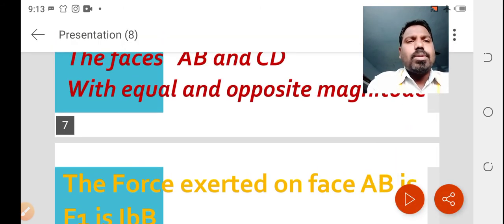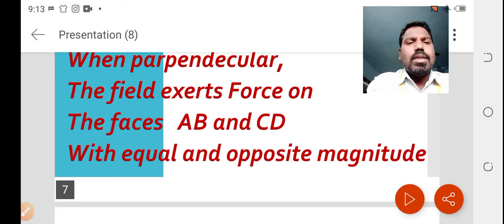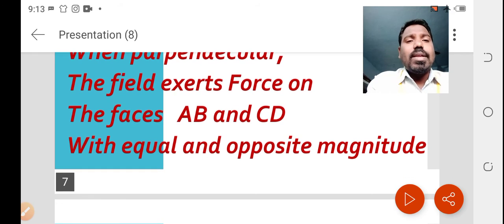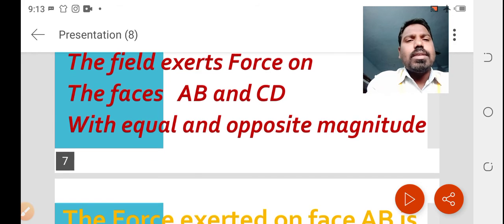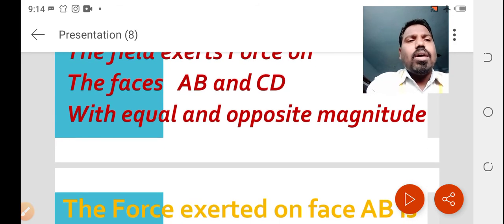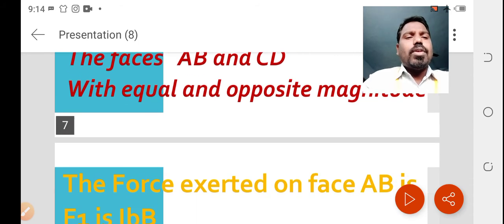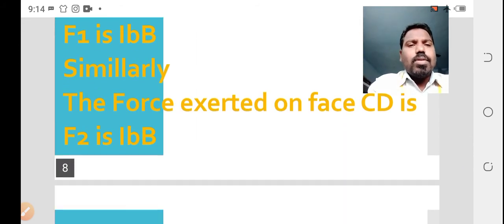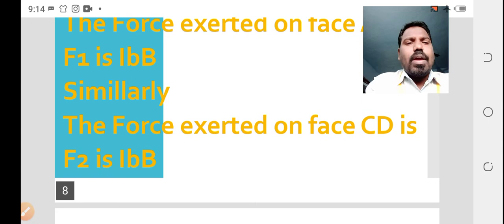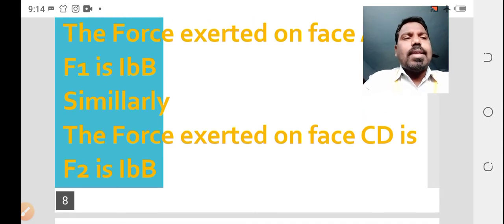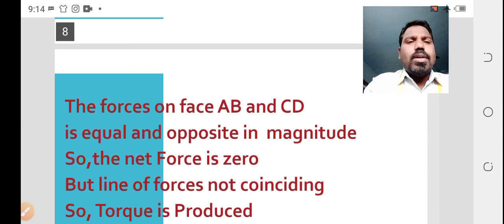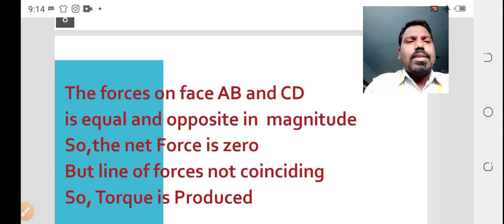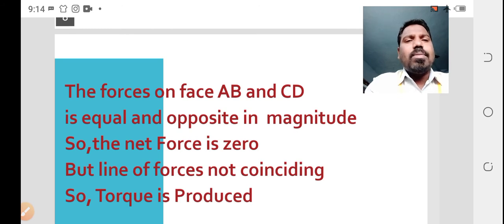You already discussed in the previous slide that the force is equal but opposite in direction. So both forces F1 and F2 on faces AB and CD are the same, equal and opposite.